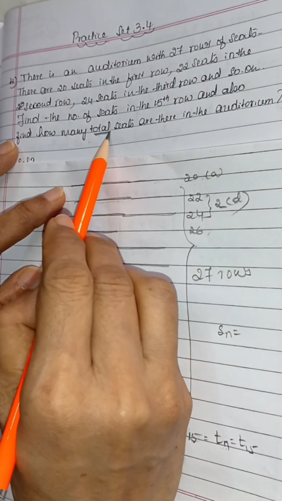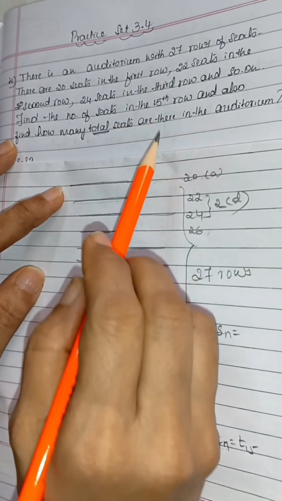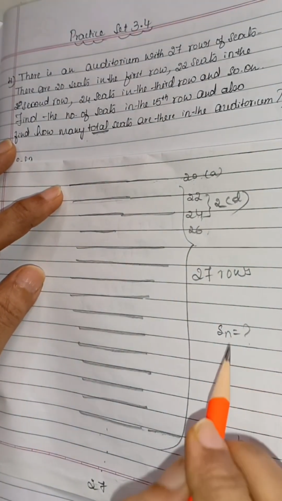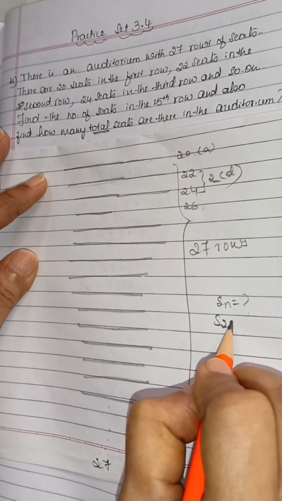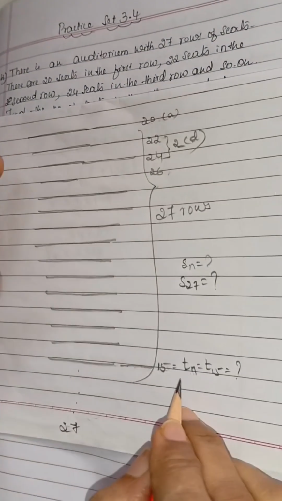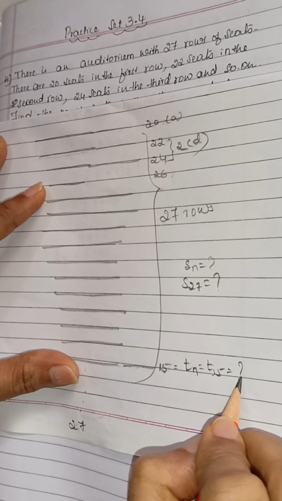We have to find T15 first, and then the total seats in the whole auditorium, that is Sn, which means S27.